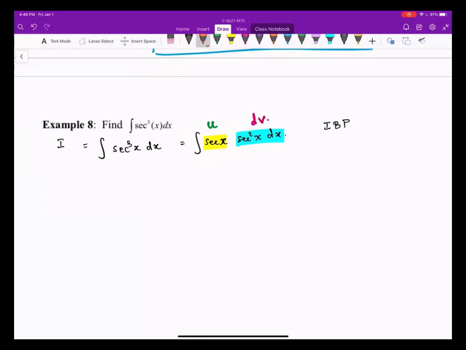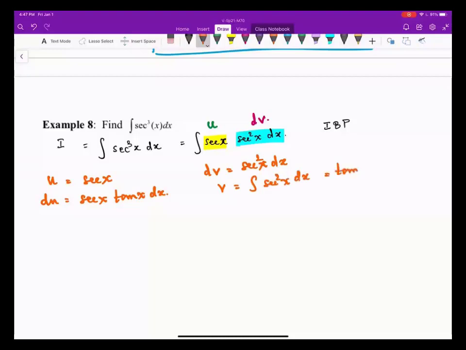So du is secant x tan x dx, and dv is secant square x dx. So v is the integral of secant square x, which is equal to tan x.